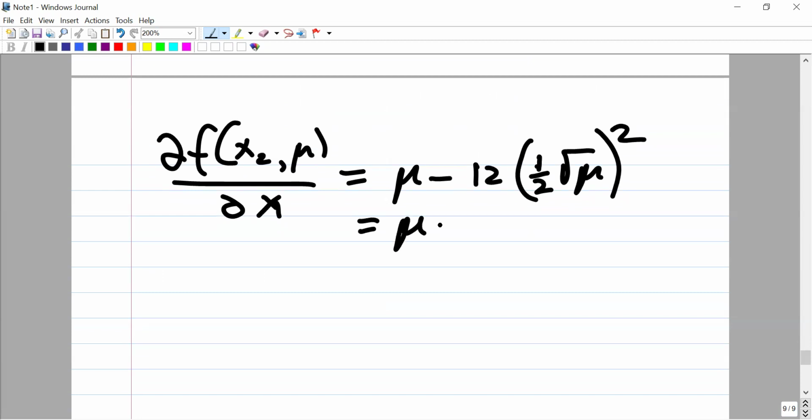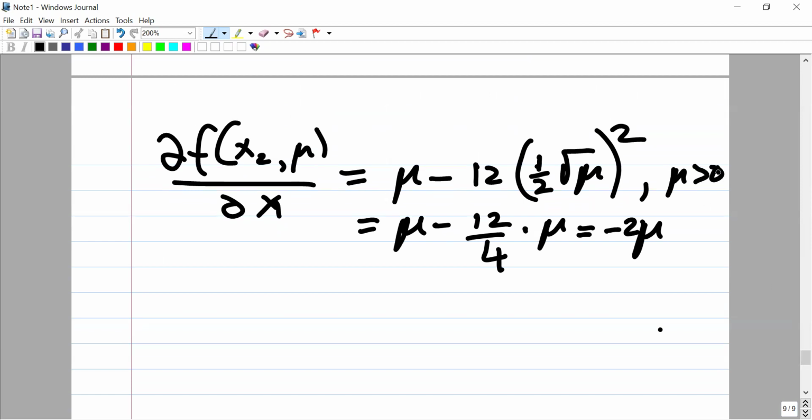This is mu minus 12 over 4 times mu. So that's mu minus 3 mu, which is minus 2 mu. But remember, for existence, mu should be greater than 0.